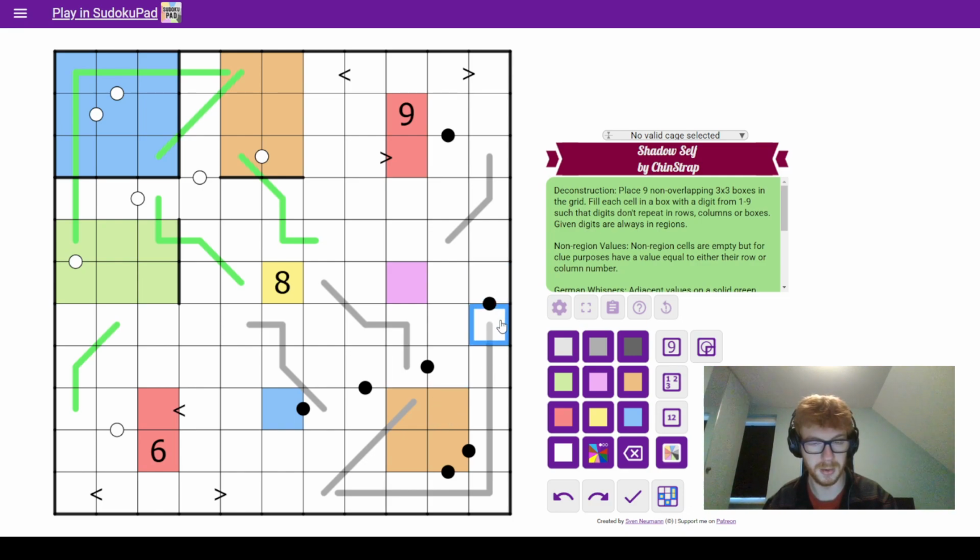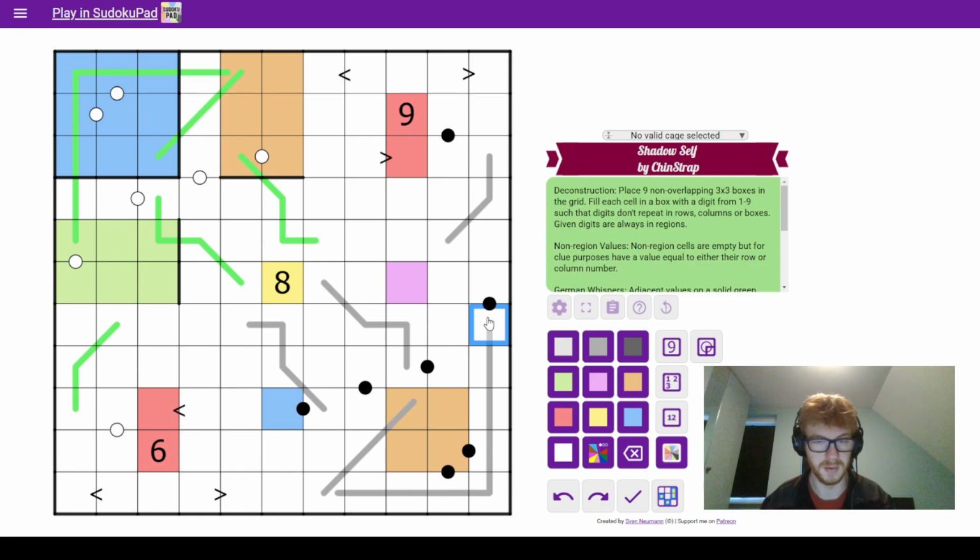And this one can now not be in orange, because orange can extend maximum to up here. So can both of these be out? Because then this would be either an 11, which this cannot be a 6.5, or it would be a, I'm having trouble counting, 11, 10, 9, 8, 7.